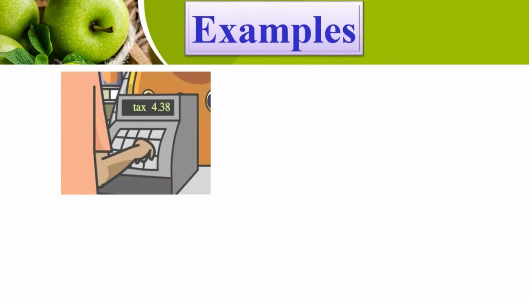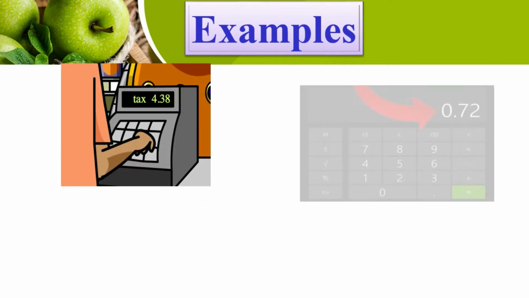Let's see real life examples of decimals. We use decimals every day while dealing with money, weight, length, etc. Decimal numbers are used in situations where more precision is required than whole numbers can provide. For example, when we measure our weight on the weighing machine, we do not always find the weight equal to a whole number on the scale. Here are some examples.